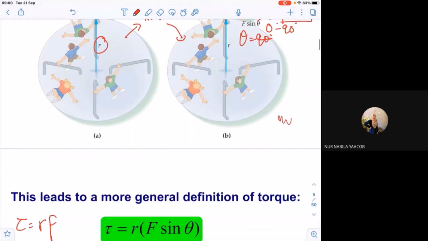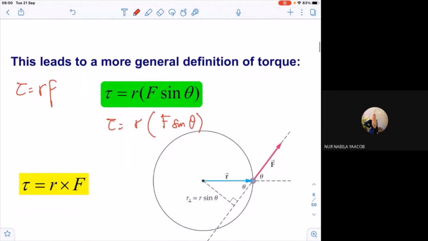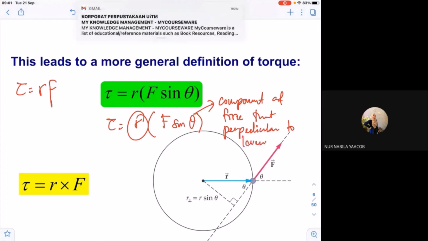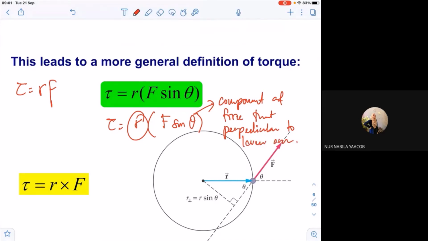So that's the general definition of torque: R, the lever arm, times the component of force perpendicular to the lever arm. Sometimes they call it radius, sometimes lever arm, it doesn't matter. It's just the distance from the center of rotation to the force, which is why we call it lever arm.